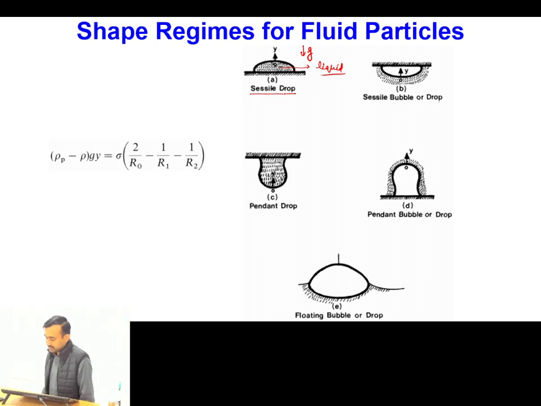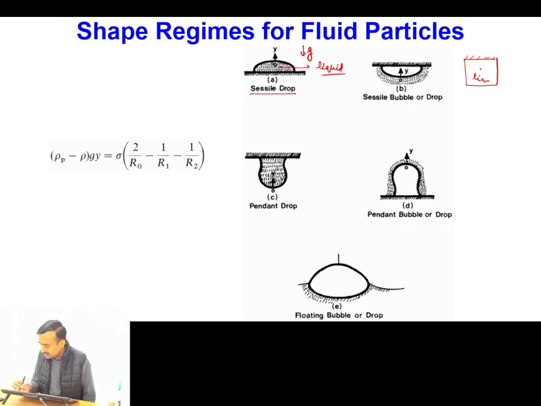Likewise, if you reverse the situation, you have an inverted solid surface placed over a liquid pool. Everywhere you have liquid, and from the top you have a solid surface.